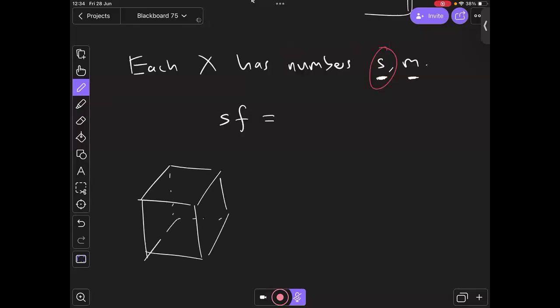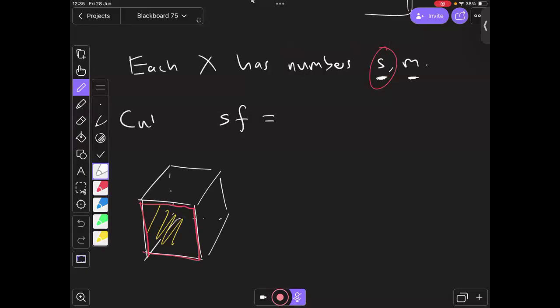Okay. So remind me, what's S for the cube? 4, right? Each face has 4 edges. So S is 4. And what's the number of faces on the cube? 6, right? So in this case, this would be 4 times 6. And that would equal what? 24.